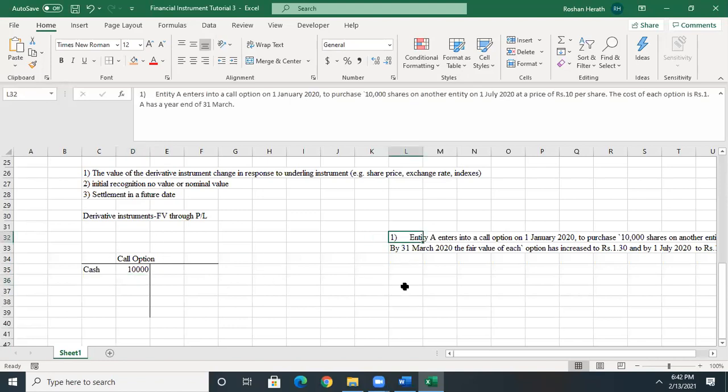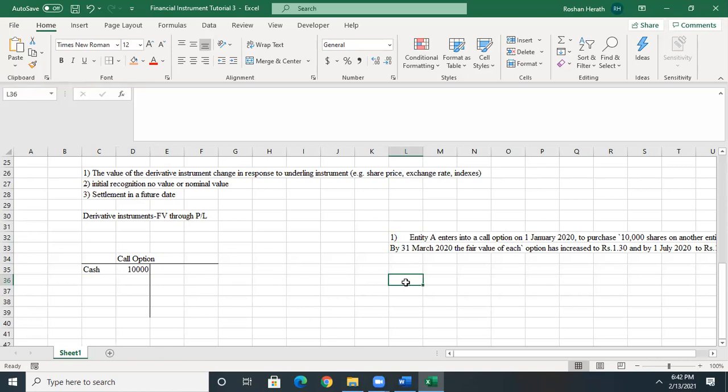This is about the initial recognition. If you are interested in the journal entries, you debit the call option 10,000 and credit cash. So you pay the price and you get a call option.